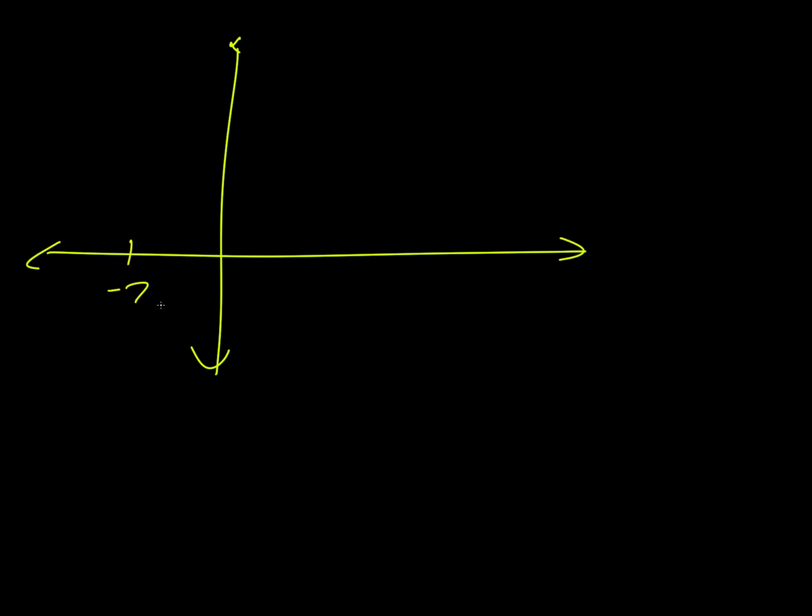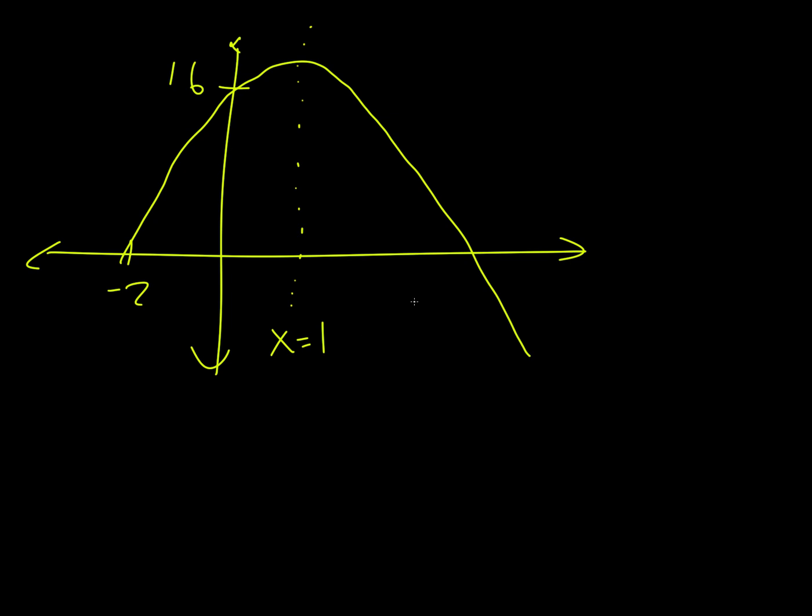This time we have a graph that looks like this. We have an x-intercept at -2. We have a y-intercept at 16. We know that the axis of symmetry is at x equals 1. We don't know what this is.